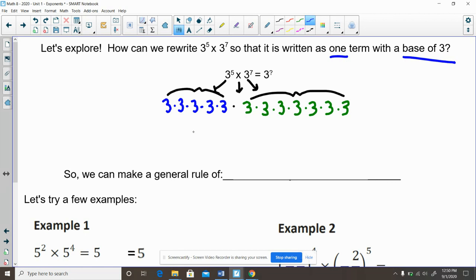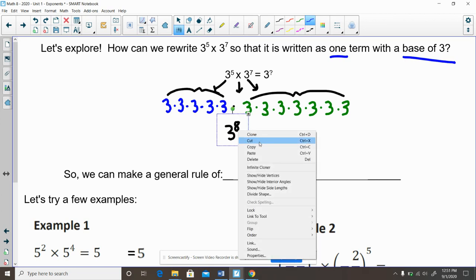Okay, so if this is our first expression, this is our second expression, and we're multiplying them, what number do you think will replace that question mark? Well, if you said 3 to the 8th power, you're incorrect.